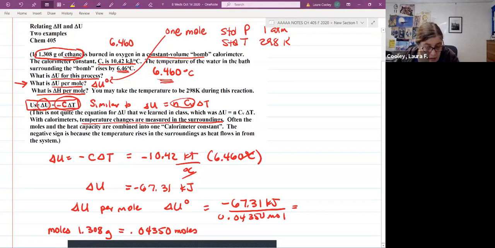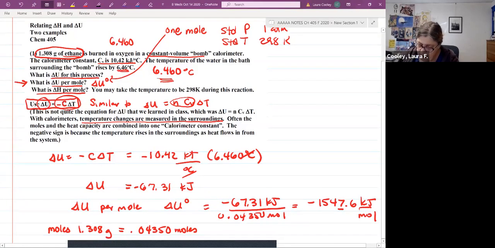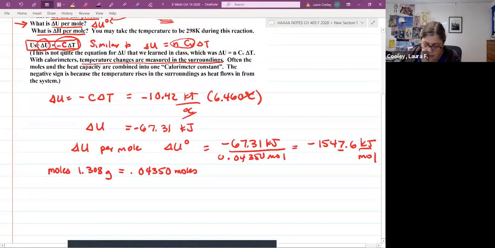And that comes out to, yes, as Dina said, 154. She probably couldn't hear me saying, yes, that's the same answer. And I keep an extra sig fig there. Okay. So that is actually the delta U0. And now we need to figure out what the delta H0 is.